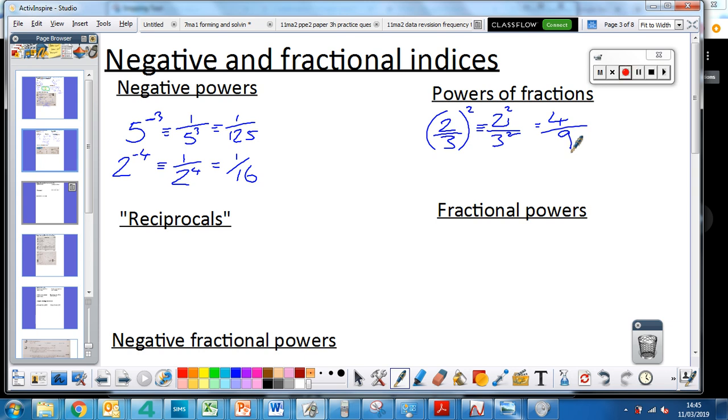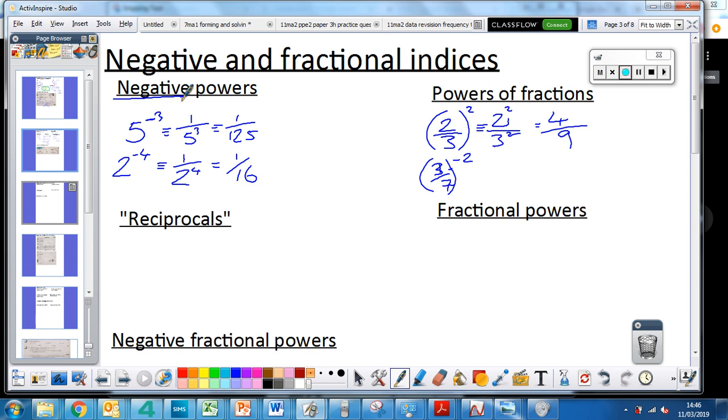You may also get a negative power of a fraction. So imagine, for example, you had something like 3 over 7 to the power minus 2. You are dealing with two things there. You're dealing with the fact that it's a fraction, and you're dealing with the fact that it's got a negative power. Now remember from negative powers a moment ago, negative powers mean flip it.